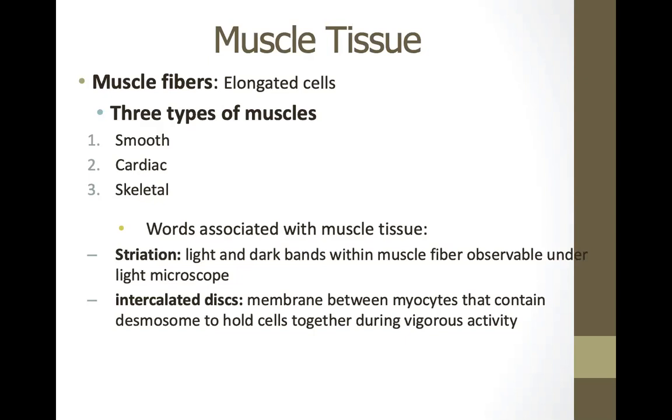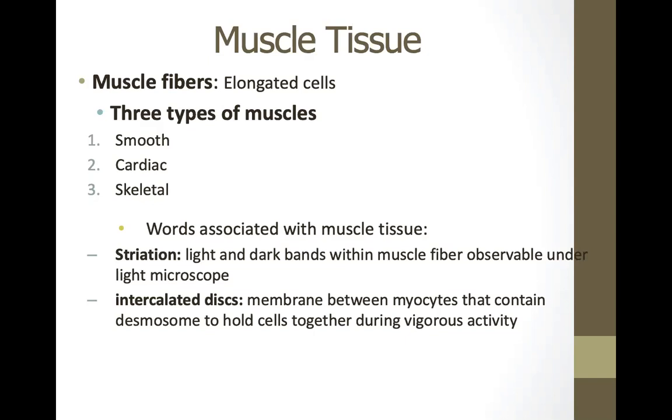Next one is what we identify as striations. Striations are basically the lines that you see going through your muscle. It's a light and dark pattern. Think about stripes on a zebra. Light, dark, light, dark. That's called striations. And again, it's a feature that can help us distinguish different categories of muscles.